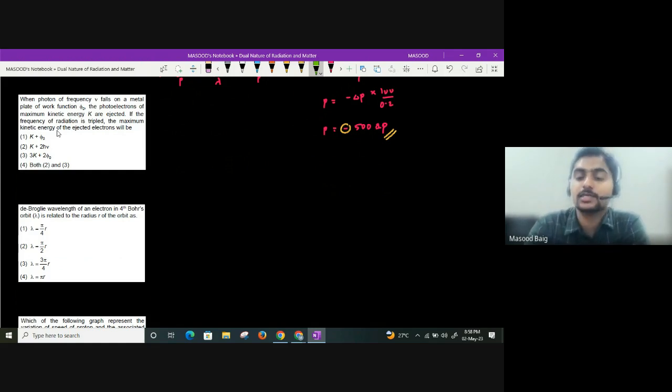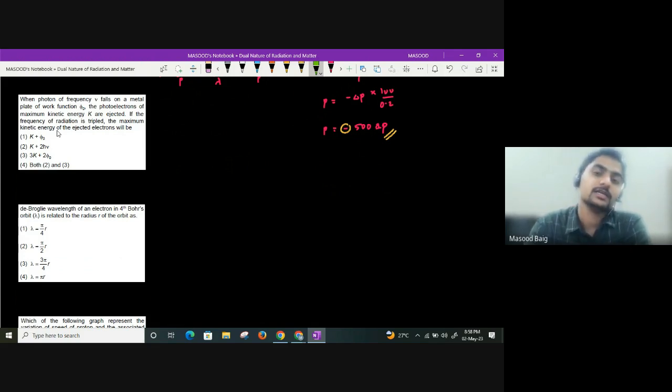Because the intercept is negative, if frequency is doubled, kinetic energy will become more than doubled. If frequency is tripled, kinetic energy will be more than tripled. If frequency becomes 4 times, kinetic energy will become more than 4 times. Suppose the intercept was positive, then if frequency was doubled, kinetic energy would be less than doubled; triple, less than triple; quadruple, less than quadruple.